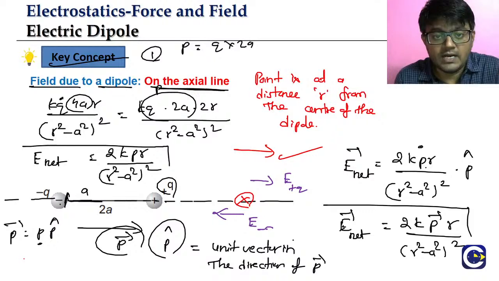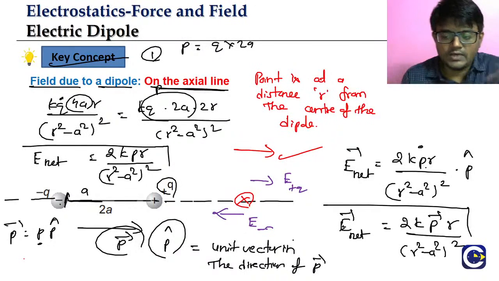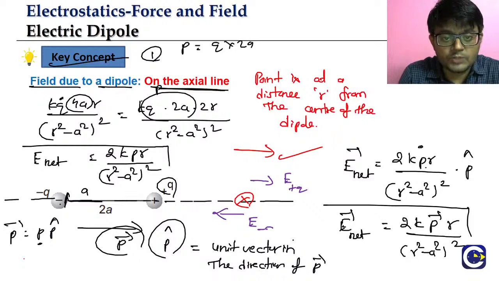Do you know what the final answer will be? Same: 2k p bar into r by r square minus a square the whole square. This is the electric field produced by the dipole at a point on the axial line.